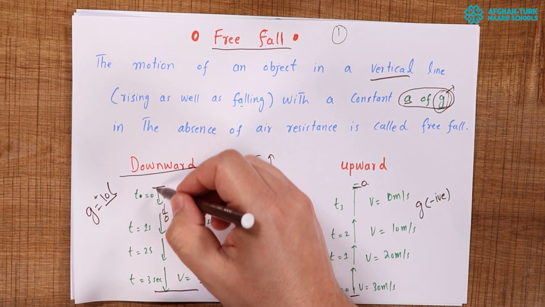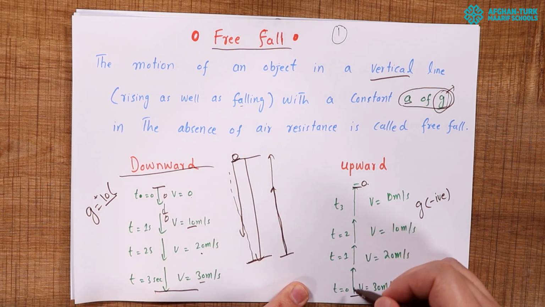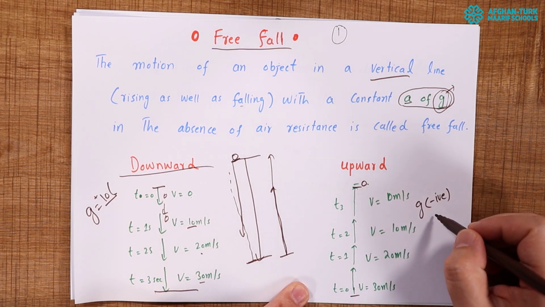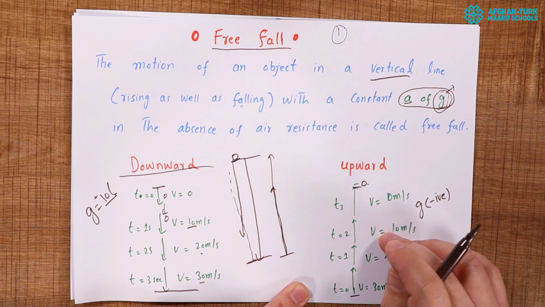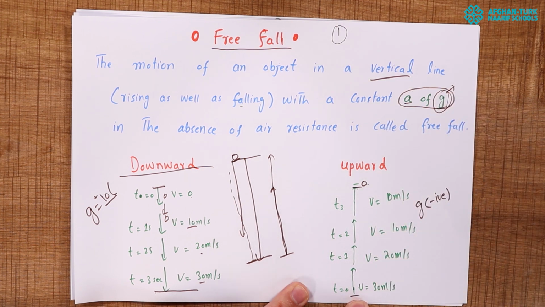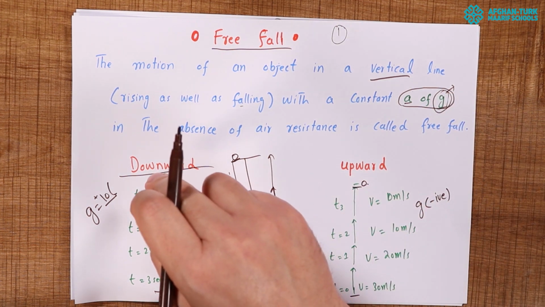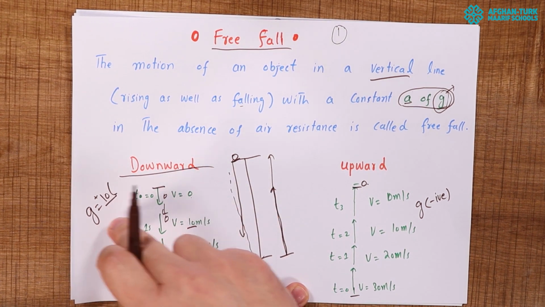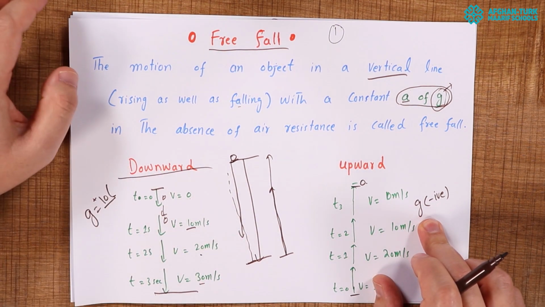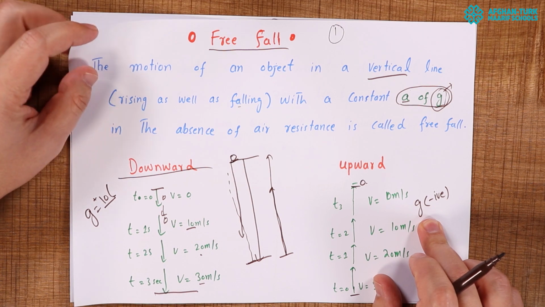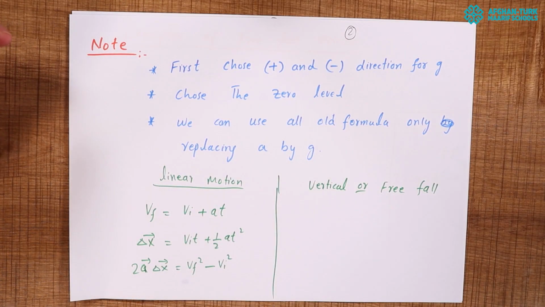So simple: downward, g value positive, and upward, g value negative. If the object starts motion from lower to up, g value will be negative, and from top to down, g value will be positive. Let's see the other page.